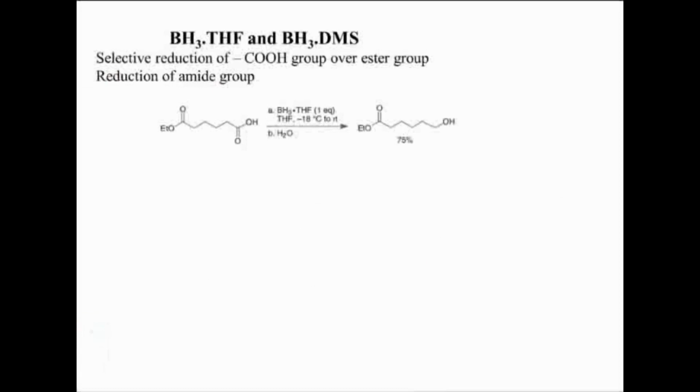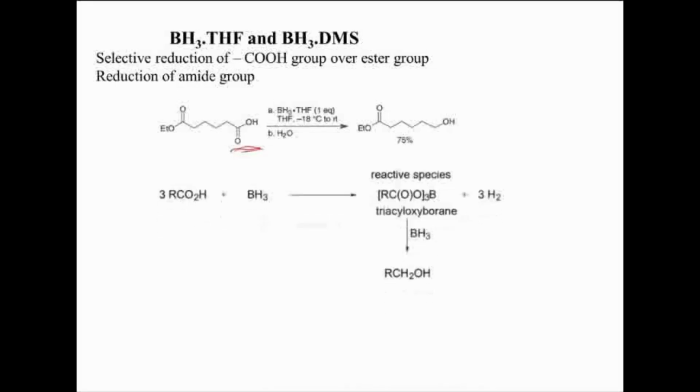We have seen that it is available as THF or DMS adduct. It is used for the selective reduction of COOH over ester group, and it is also useful for the reduction of amide group. When you have ester and carboxylic acid, only the carboxylic acid is reduced to alcohol. Why?